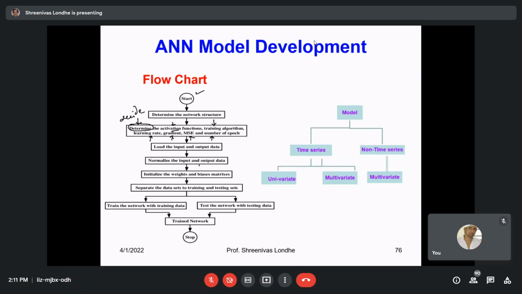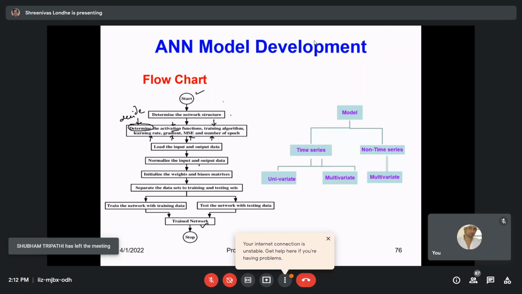Separate data sets should be utilized for training and testing. Once you train the network, use your finalized weights and biases to test that network. If testing is done, then you have the final answers with you, and you can say that yes, a neural network for one particular problem is developed.